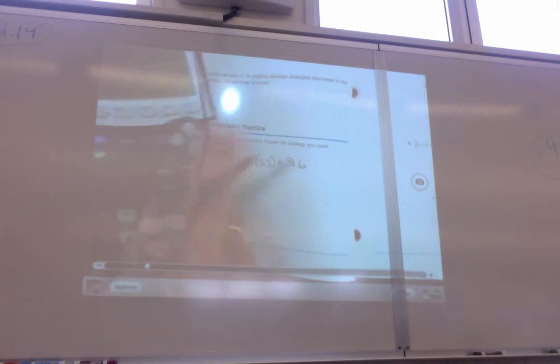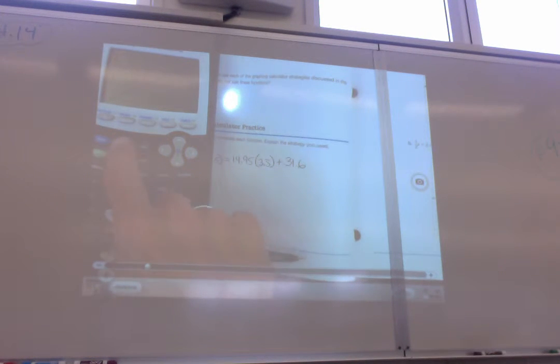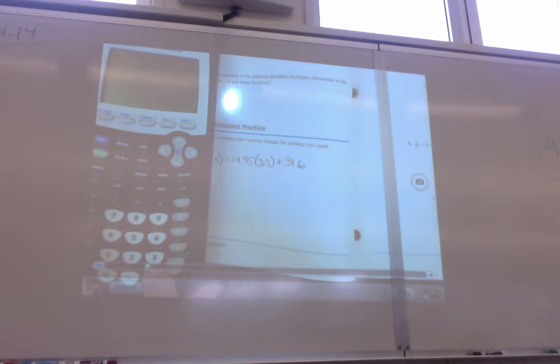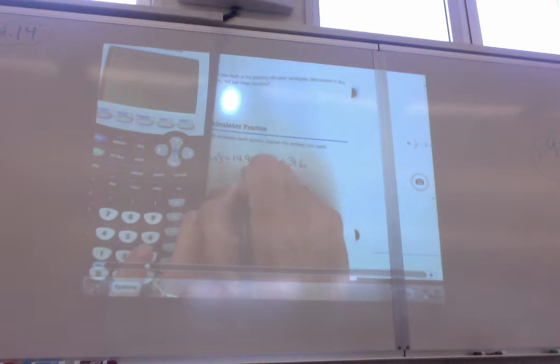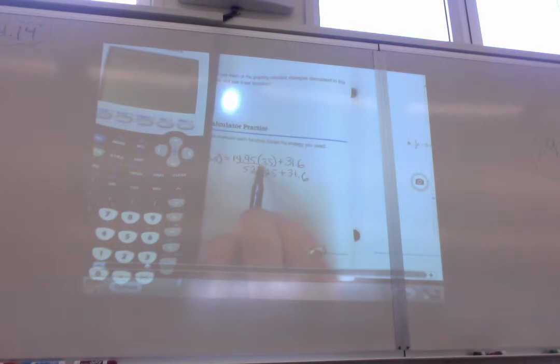So let's get off of the graph for now. Clear, mode clear. 14.95 times 3.5. The first thing you do is multiply.